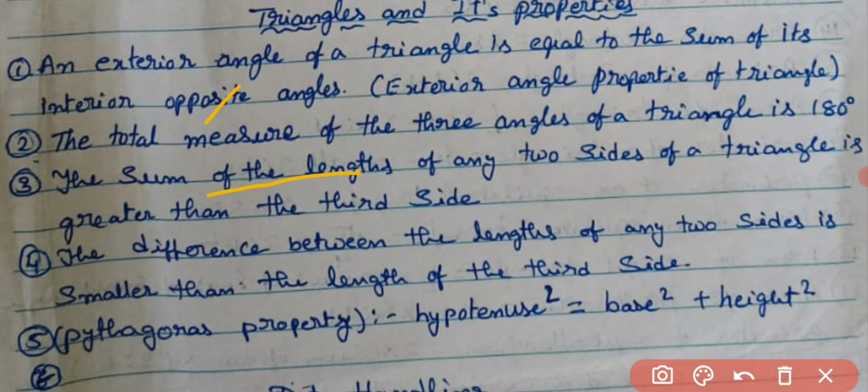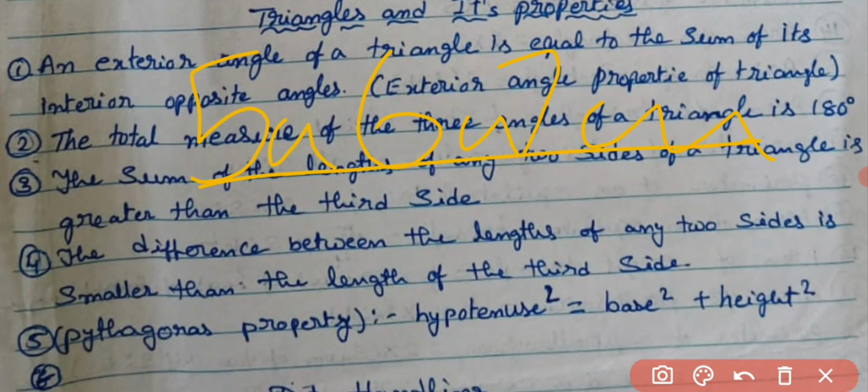If you have a triangle of sides 5, 6 and 7, the question would ask whether the sides 5, 6 and 7 centimeters are the sides of a triangle or not.